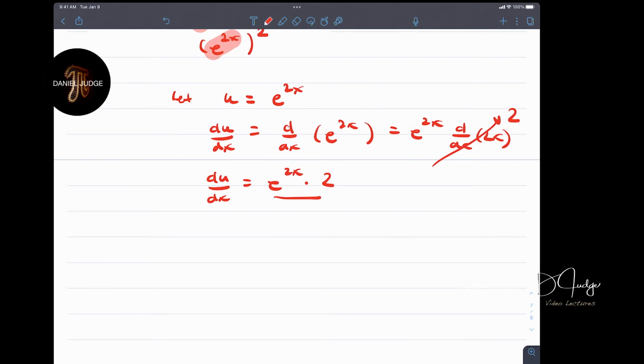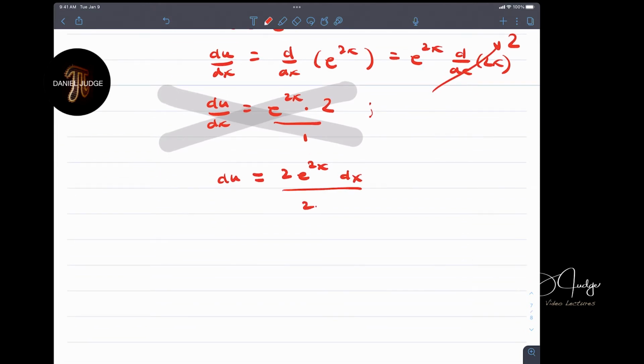Now, this is a proportion, and remember, we need to solve for dx. So this will be du equals 2 e to the 2x times dx. Now, divide both sides by 2 e to the 2x, and dx is du over 2 e to the 2x.